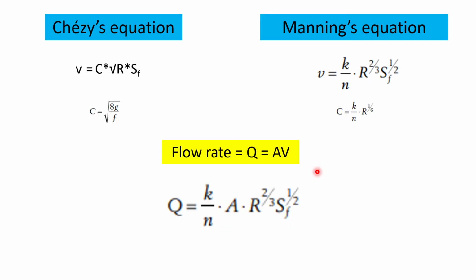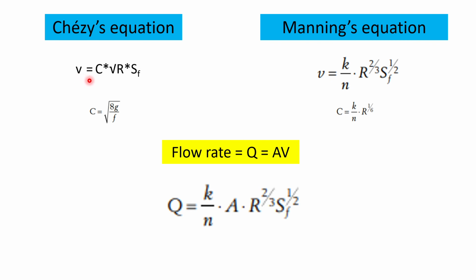In conclusion for today's lecture, we have two equations to describe resistance in open channel. Resistance, or we can also call it friction, in open channel can be described by Chezy's and Manning's equations. These equations are in terms of velocity.